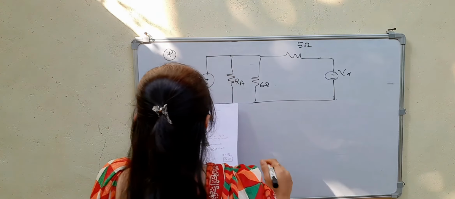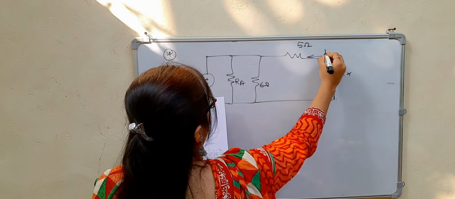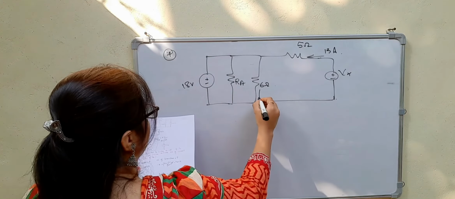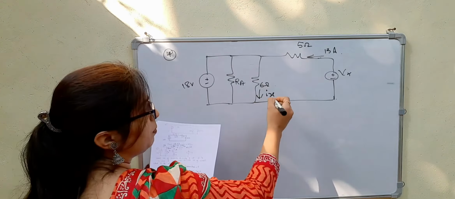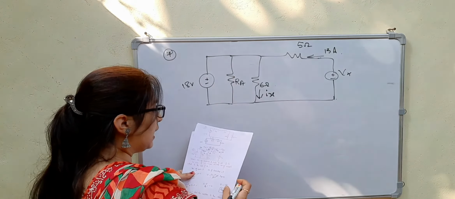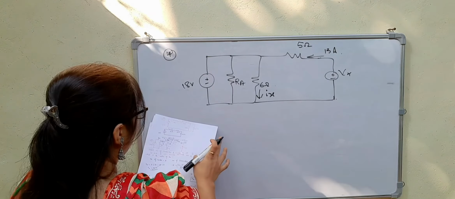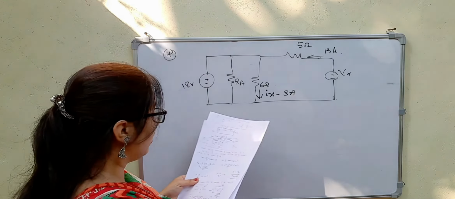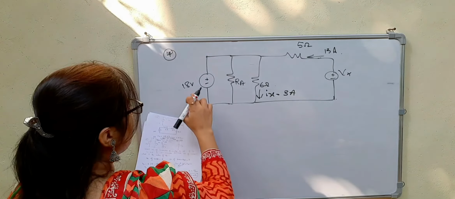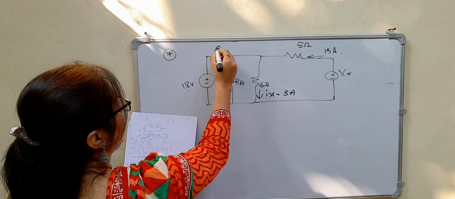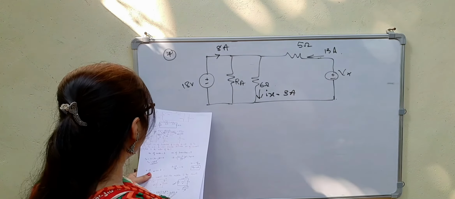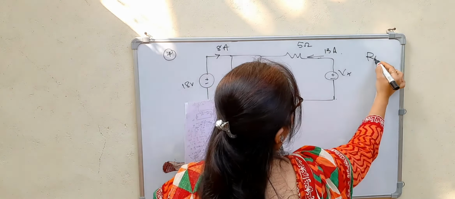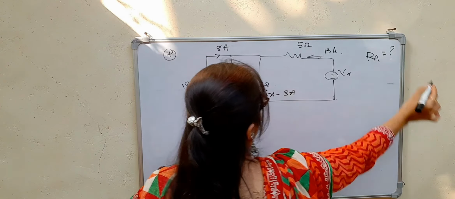Okay, so the current here it is flowing, that is 13 ampere, and they have told that the 6 ohm branch it is drawing the current Ix. Okay, and if Ix is equal to 3 amperes, this all are mentioned here, and 18 volt source it is delivering 8 ampere of current, then what is the value of Ra? They are asking you the value of Ra.